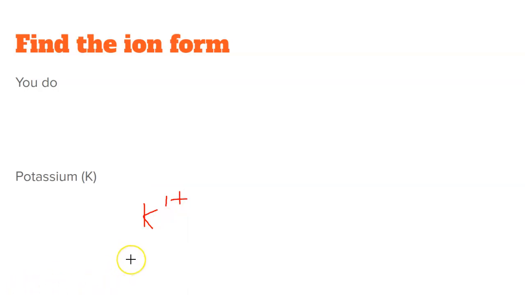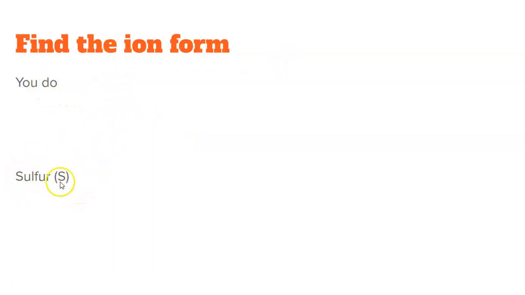Okay, and it is a cation. Okay, another one for you. Go ahead and do the ion form for sulfur. Okay, this is the ion form for sulfur. By the way, this is a 2.